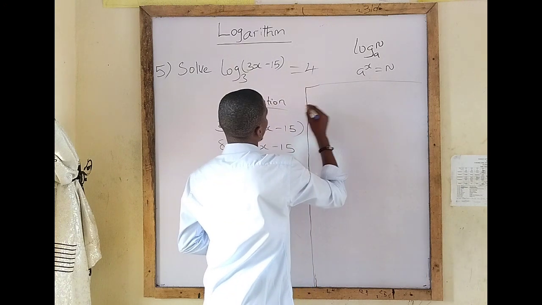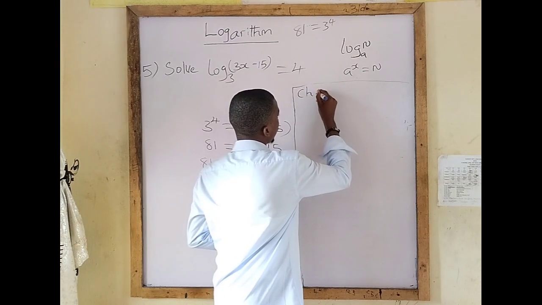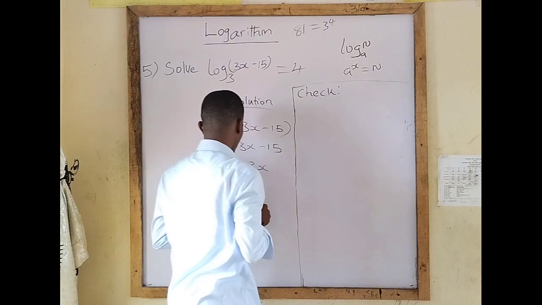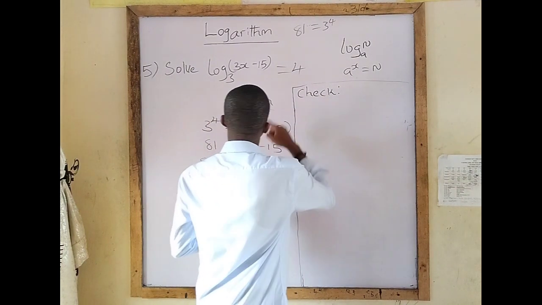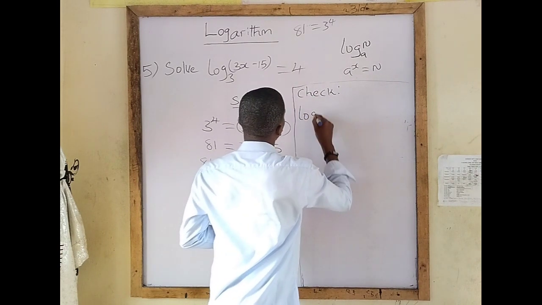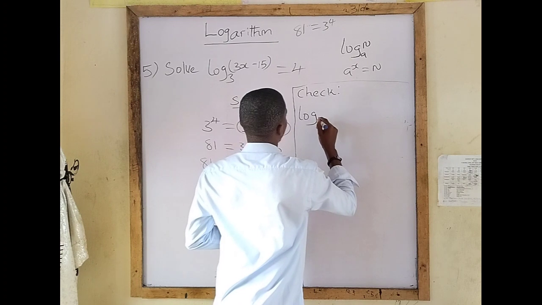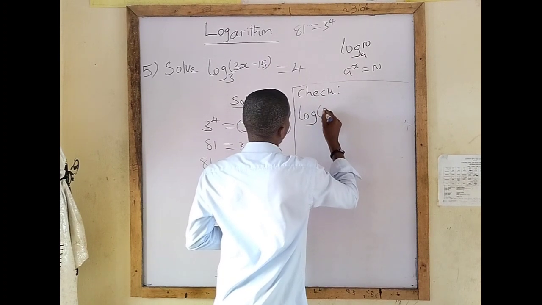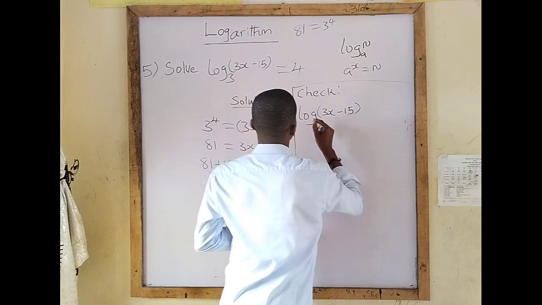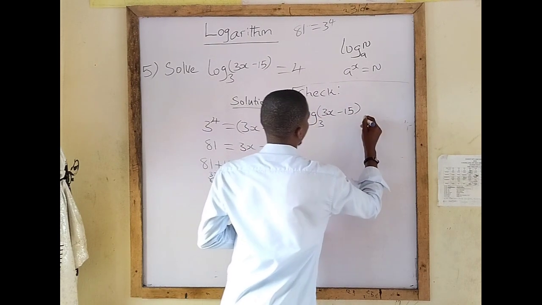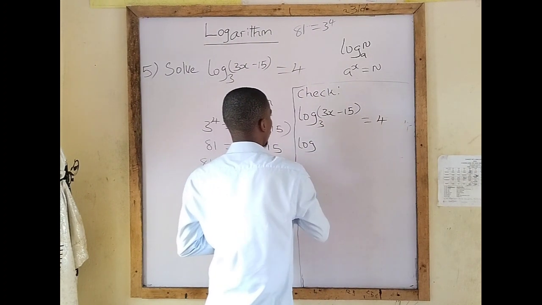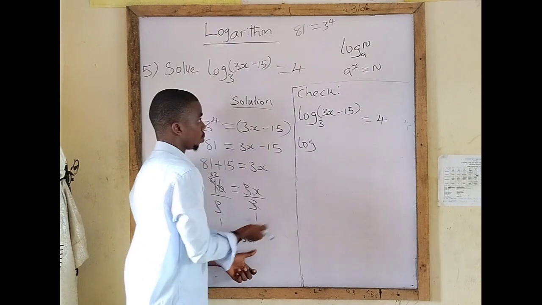So if we write the expression log (3x minus 15) to base 3 equal to 4, we substitute 32 for x.